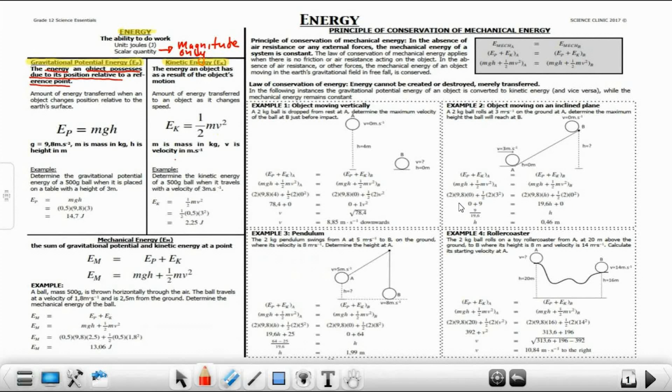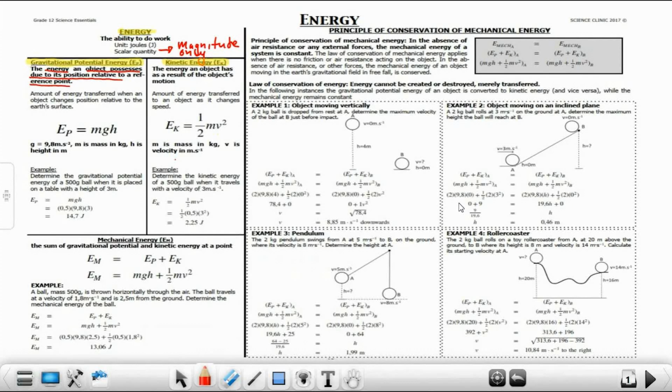But now we will always have a reference point, a point that we can use to say at this specific height, this is the gravitational potential energy that an object will possess. So a reference point, in our case, will always be a specific or a certain height.